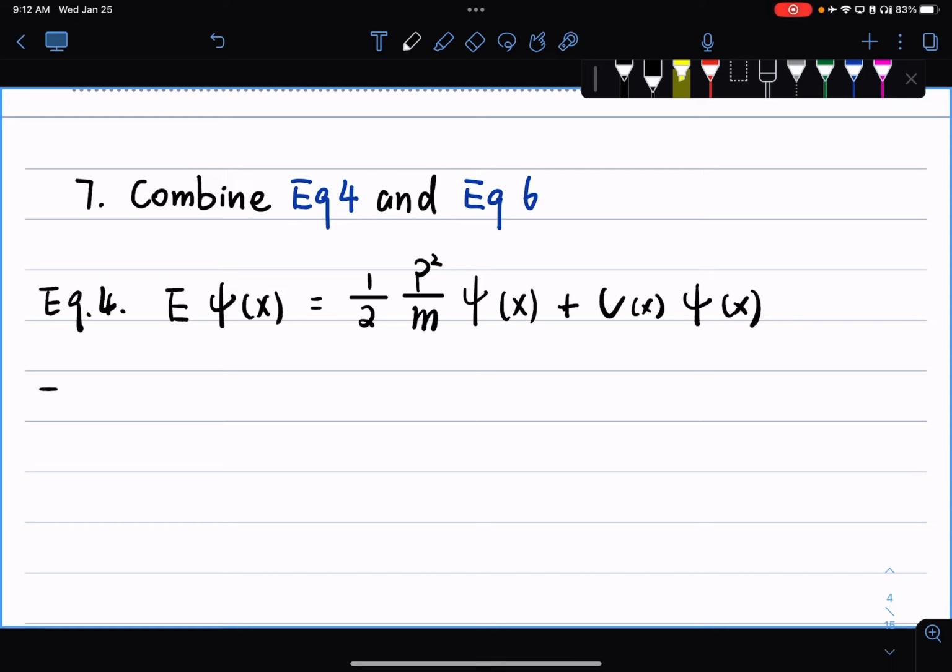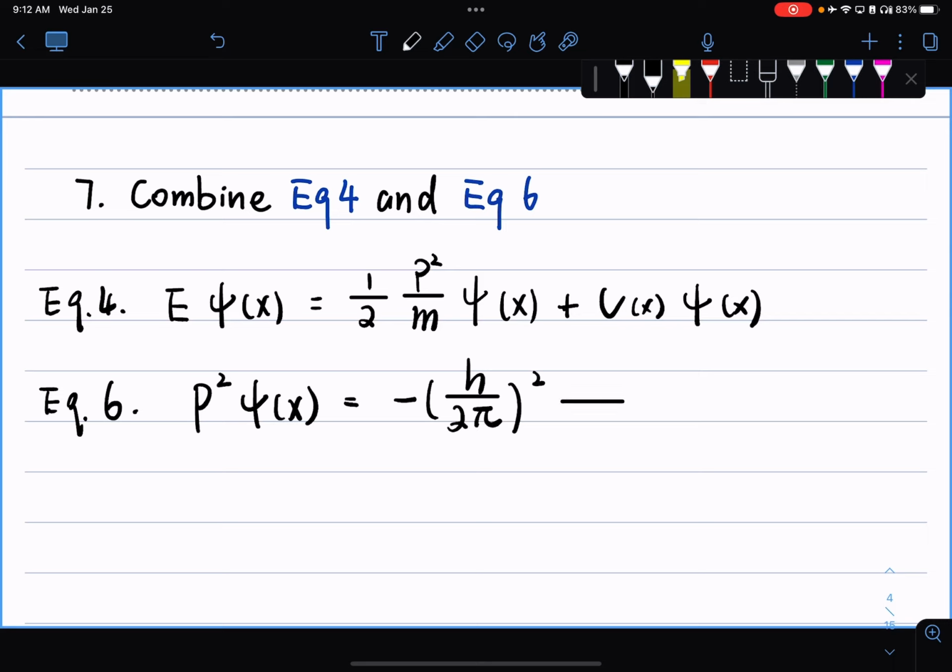And equation 6 gives you p squared phi x equals negative h over 2 pi squared, d squared over dx squared, phi x.